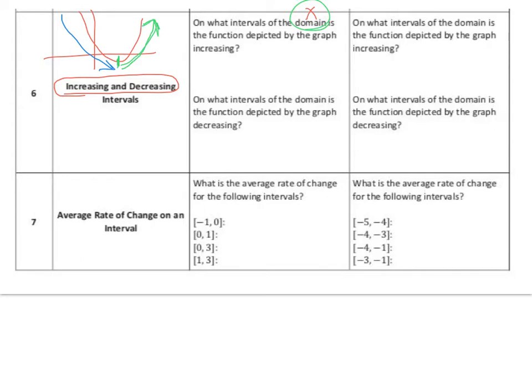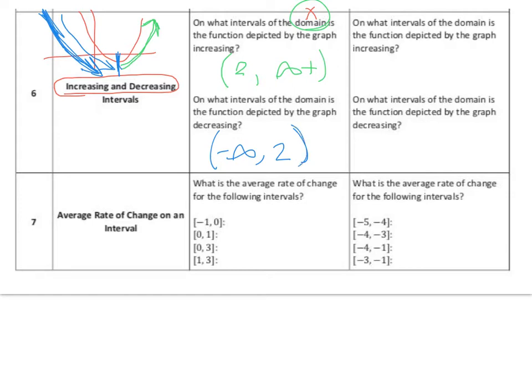So I'm going to say the vertex is at x equals 2, all the way to positive infinity is where I'm increasing. Decreasing, we're going this way. So from negative infinity all the way to the vertex, we are decreasing.